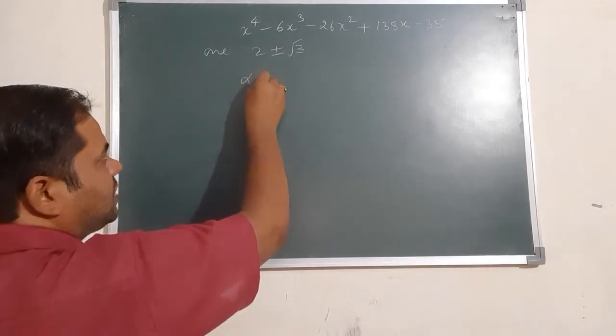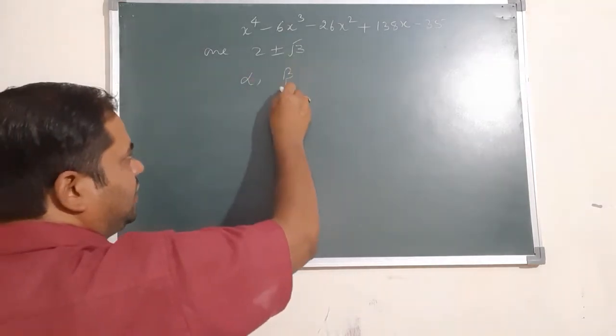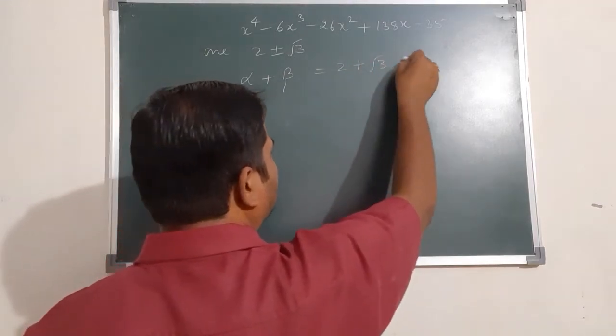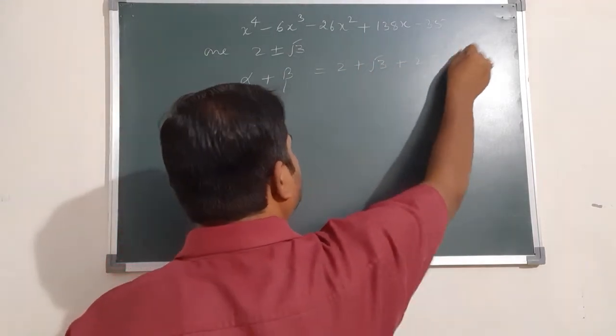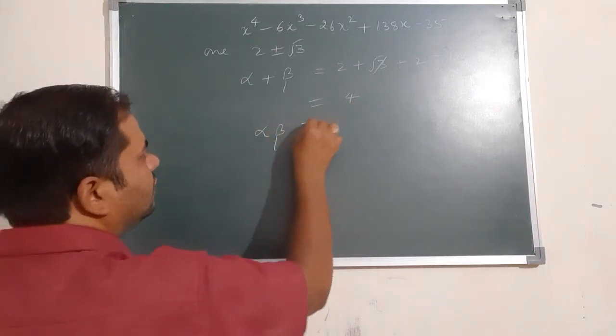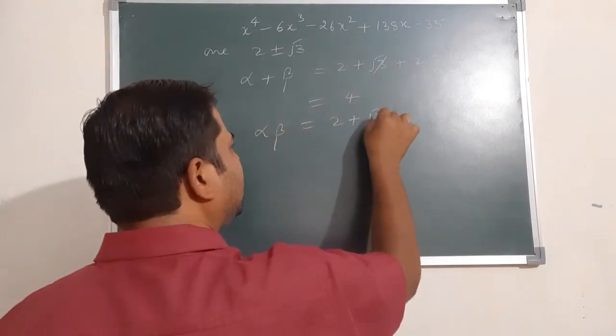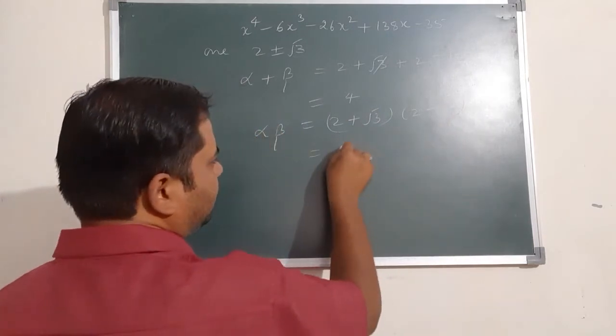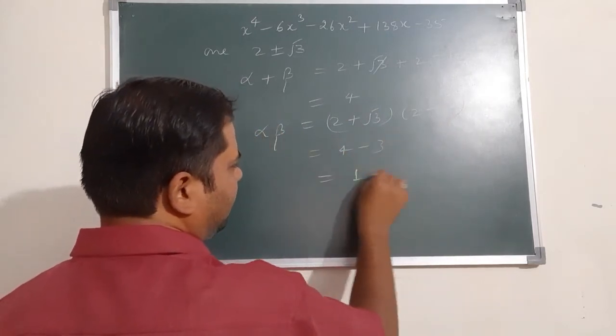So if one is supposed to be alpha and another is beta, then alpha plus beta is what? 2 plus root 3 plus 2 minus root 3. This cancels out, giving 4. And alpha beta is what? 2 plus root 3 times 2 minus root 3. So this is 4 minus 3, which is 1.